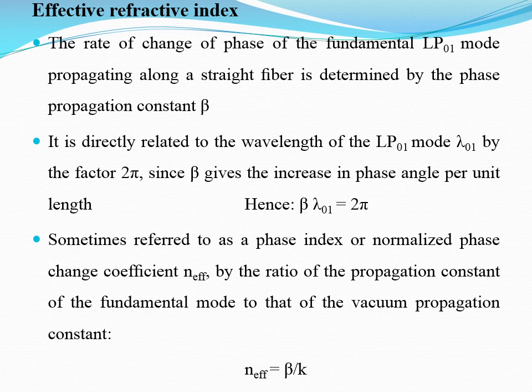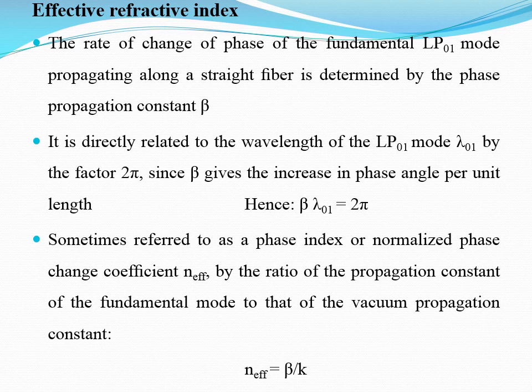It is represented by the ratio of the propagation constant of the fundamental mode to the vacuum propagation constant. That is, N effective is equal to beta by K, where beta represents the propagation constant and K represents the vacuum propagation constant. The vacuum is a medium considered here, and the other is the medium where the light has to propagate. So that is the phase propagation constant.